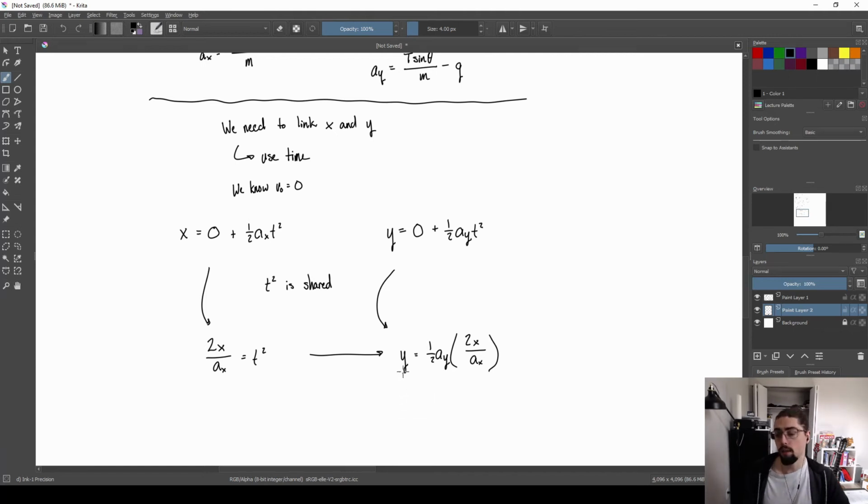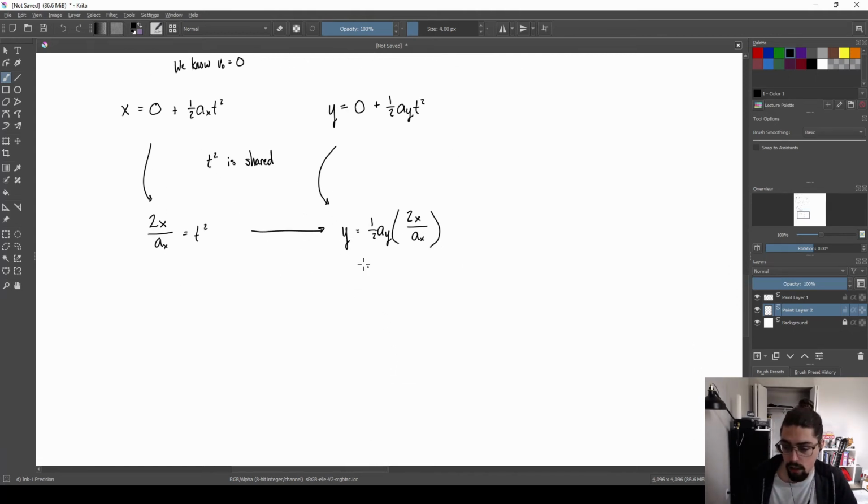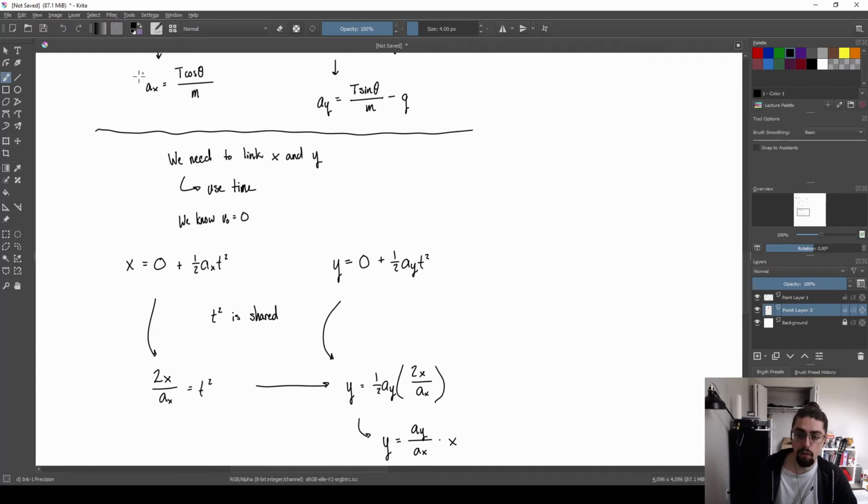The 2's cancel out. Then I've got this acceleration thing. Y should be equal to a of y over a of x times x. A of y, a of x, those are two constant values that we had found earlier.